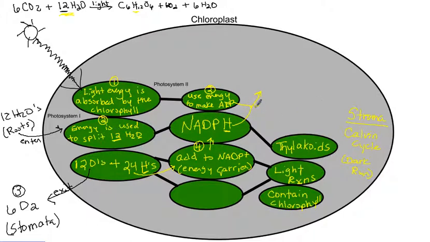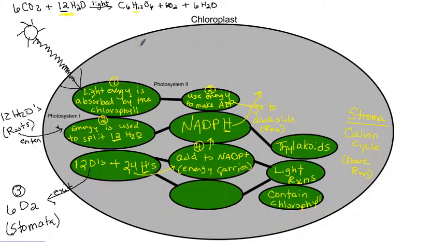So let's put that they're going to go to the dark reactions, or the dark side. We need the NADPH and we need the ATP to do the second part, the Calvin cycle, which is the second part of photosynthesis.